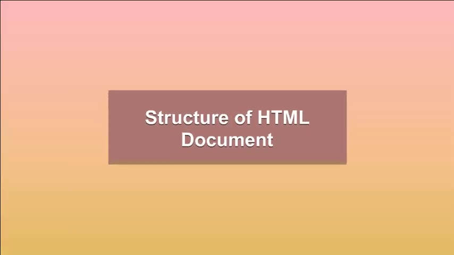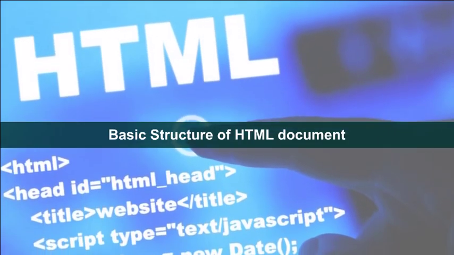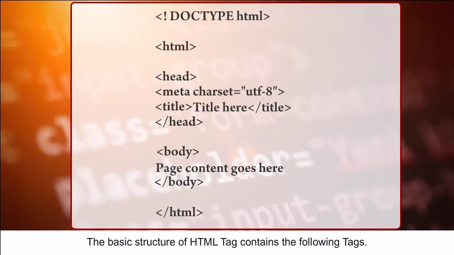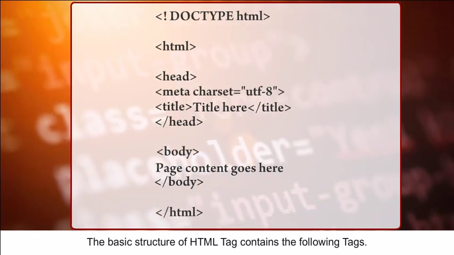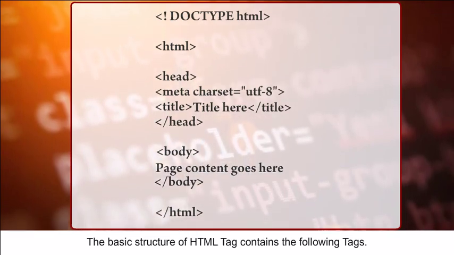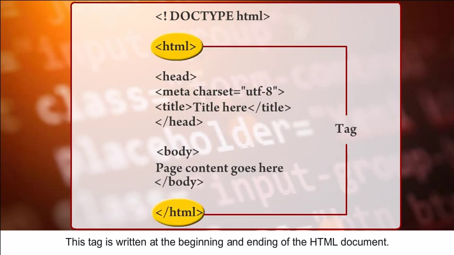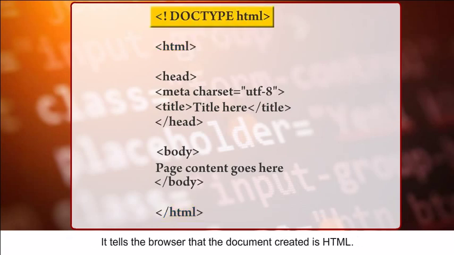Structure of HTML document. The basic structure of an HTML document contains the following tags. This tag is written at the beginning and ending of the HTML document. It tells the browser that the document created is HTML.